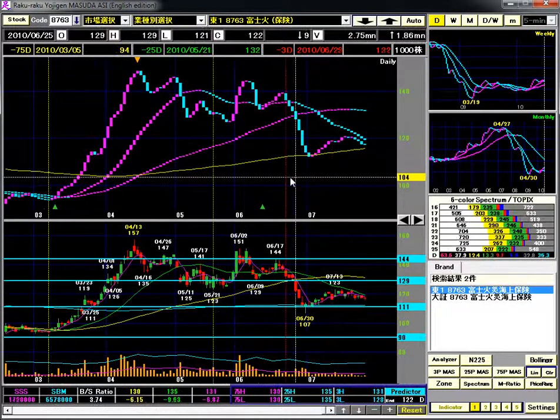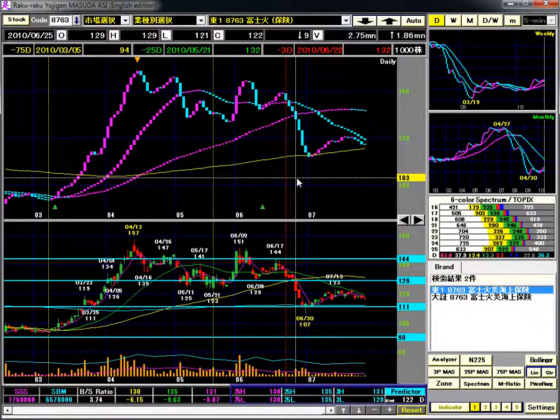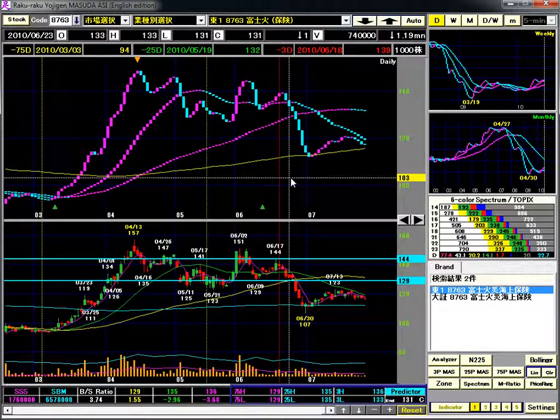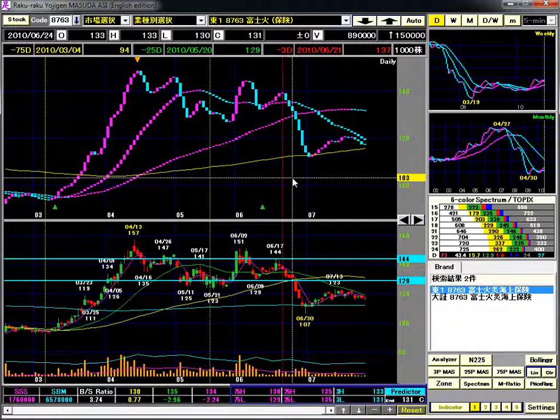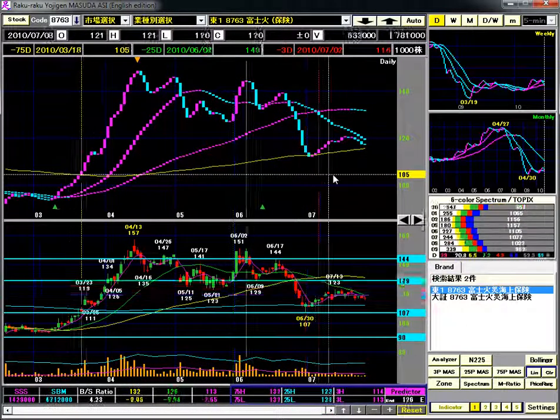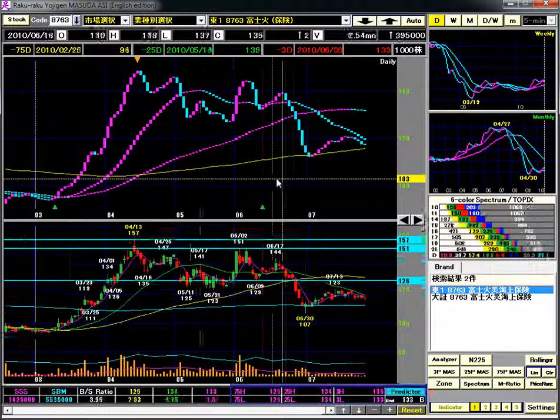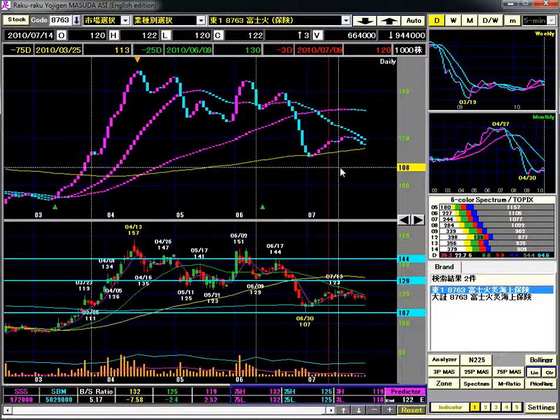And you'll notice that when we move from left to right, the interval between the white basis line, the red line from 3 days ago, the green line from 25 days ago, and the yellow line from 75 days ago, these intervals and these positions remain intact no matter where we move the mouse.